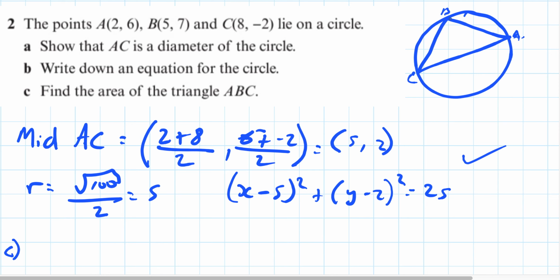So boom, base times height. So right angle triangle. The base is here, which was square root 10, and this was square root 90. So very simple. Square root 10 times square root 90 divided all by 2.